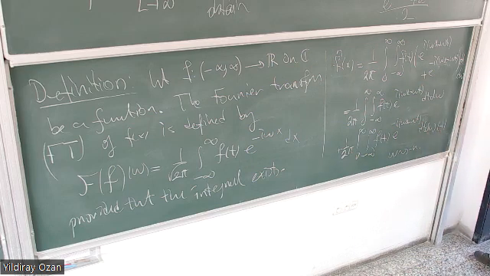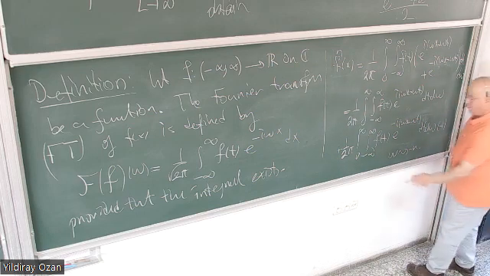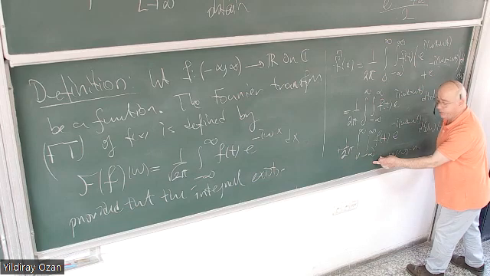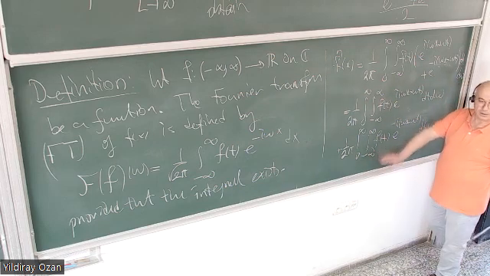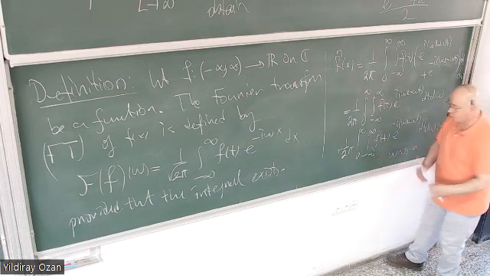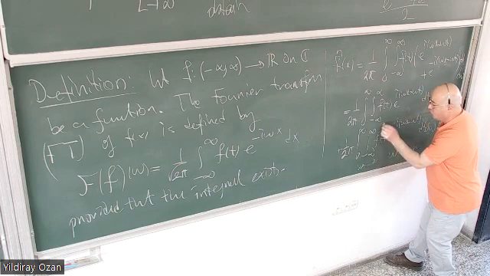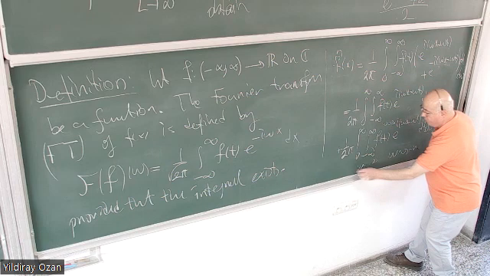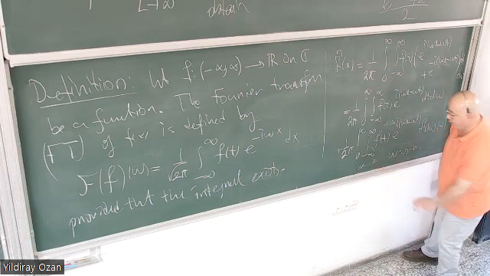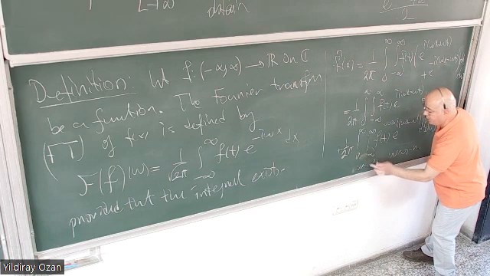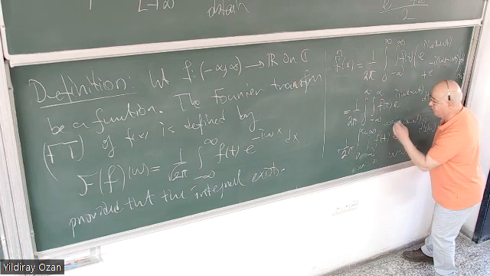So I have a minus sign. But here also, w was ranging from minus infinity to plus infinity. If I replace with minus, then it becomes an integral from infinity to minus infinity.